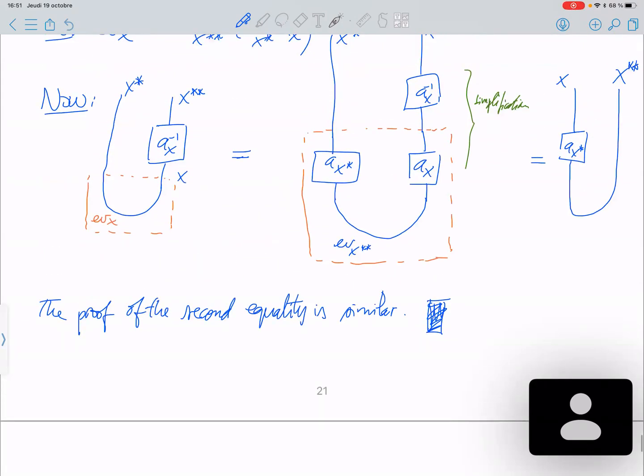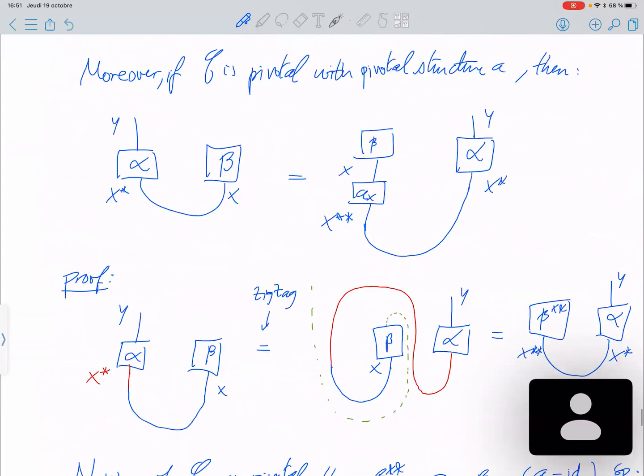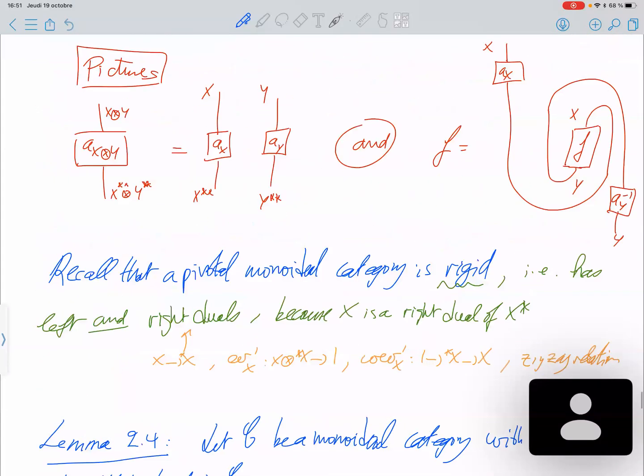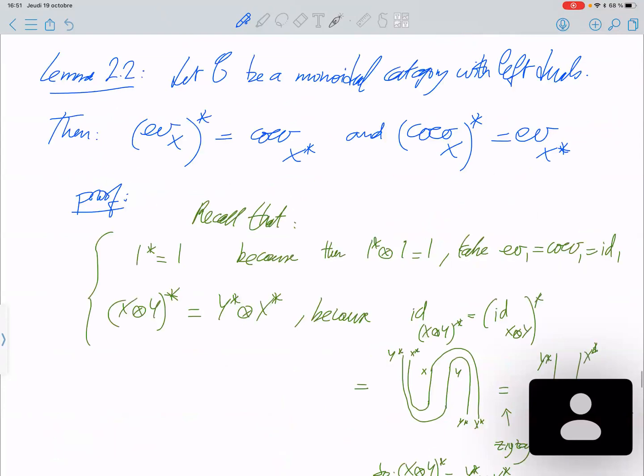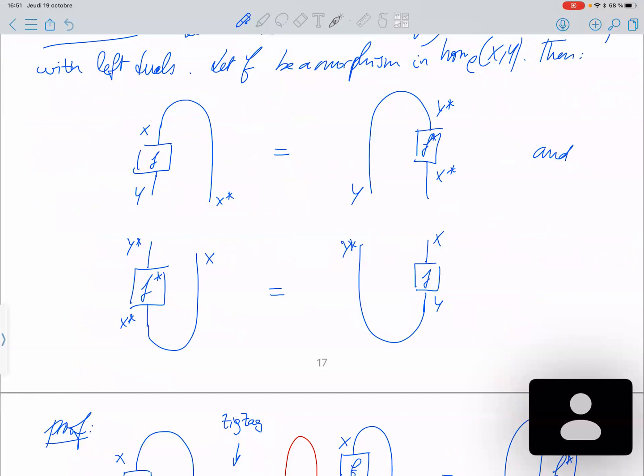So I am still wondering whether we can prove that directly using this. In fact, if we apply F star, so we have F on the left.